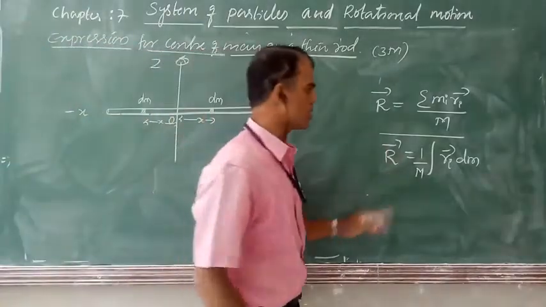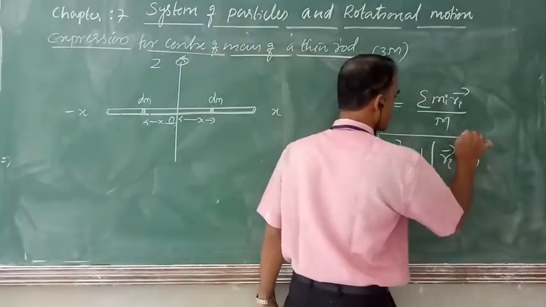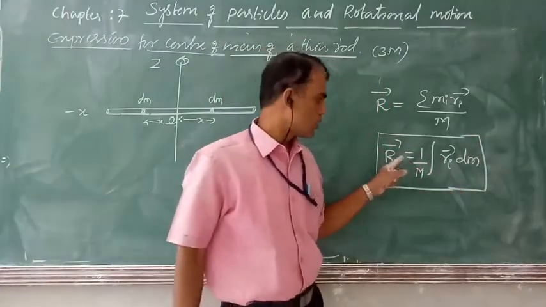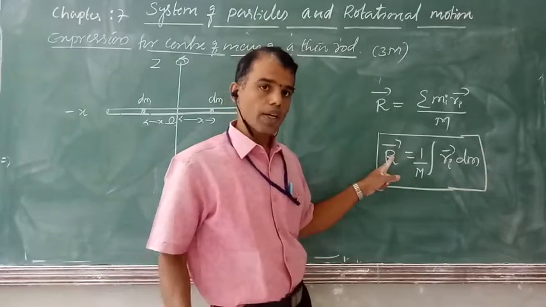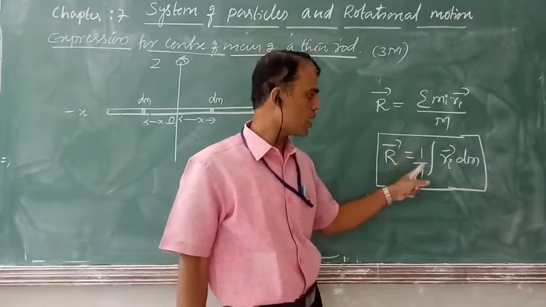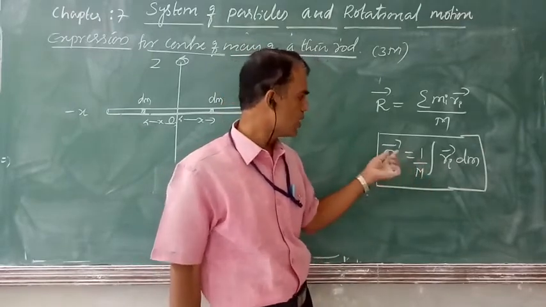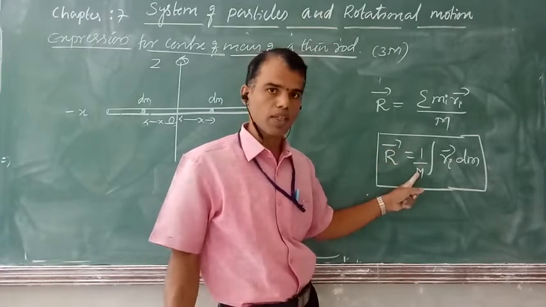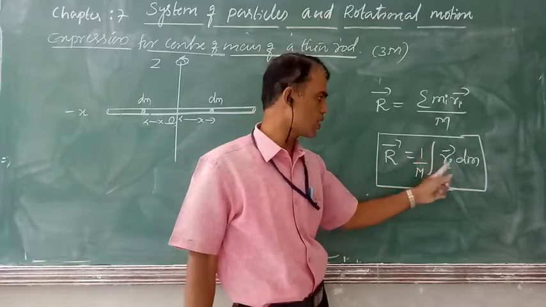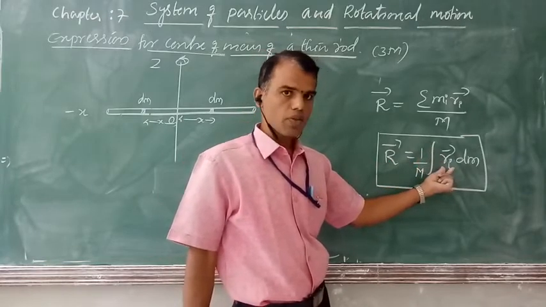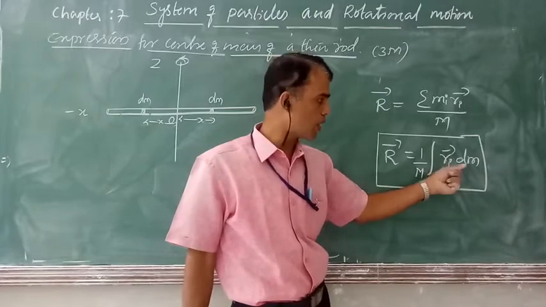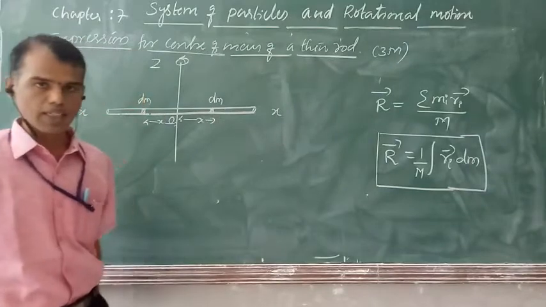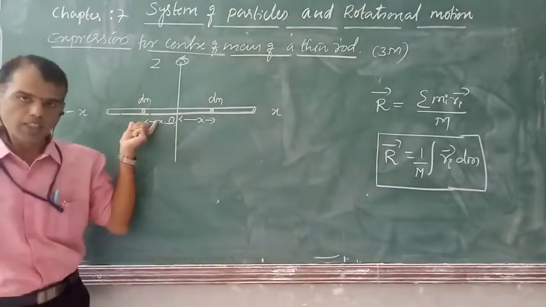This is the general expression that we can take to find the position coordinate of regular rigid bodies where we cannot count the individual particles: vector R is equal to 1 by M, where M is the total mass of the rigid body, into integration of Ri vector, which is the position coordinate of the ith particle, into dm. So I will use that concept in this expression.